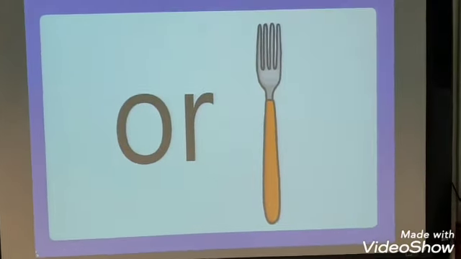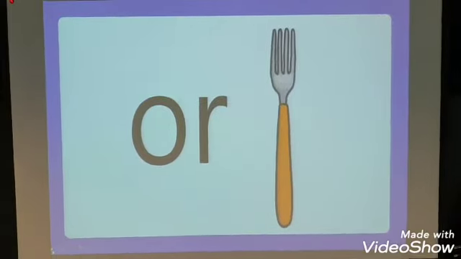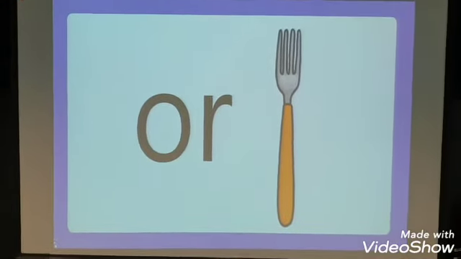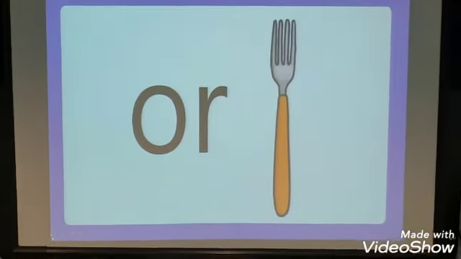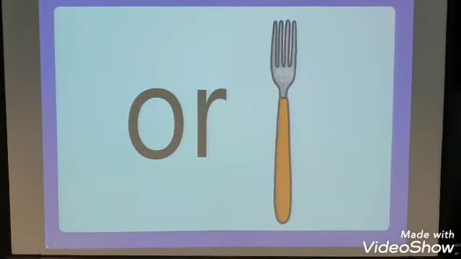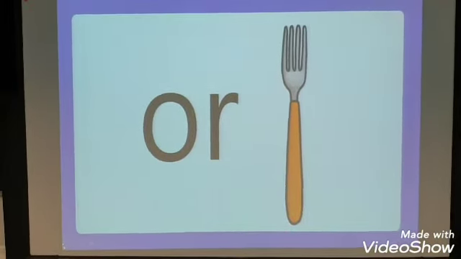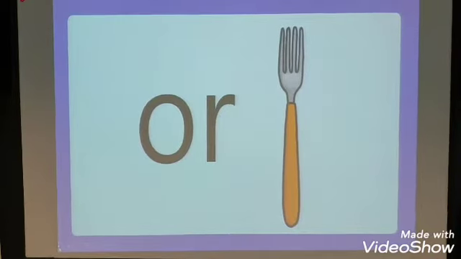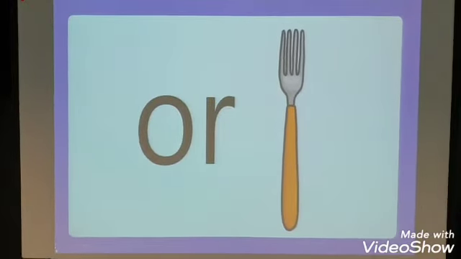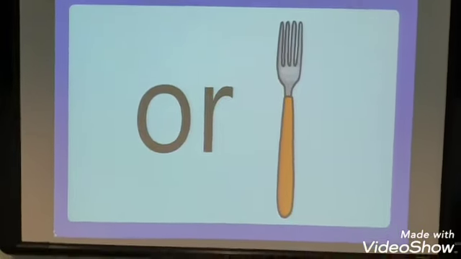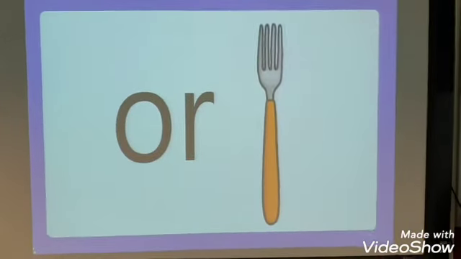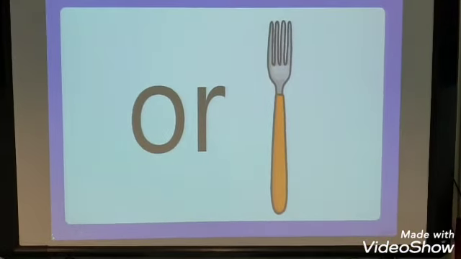And as you can see on the screen, there's a fork. So there's the fork. So now I would like you to write down these 3 words. So the first word I would like you to write is the word corn. Corn. So think really carefully about what that starts with and how you would write the word corn.